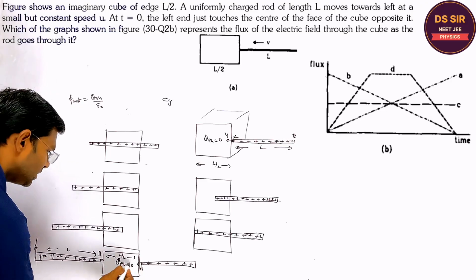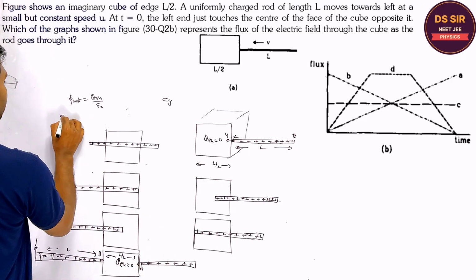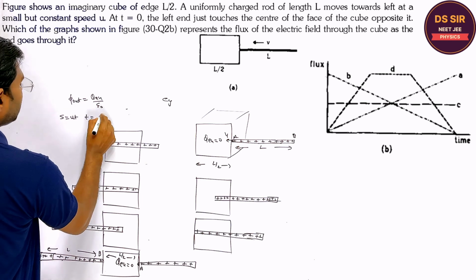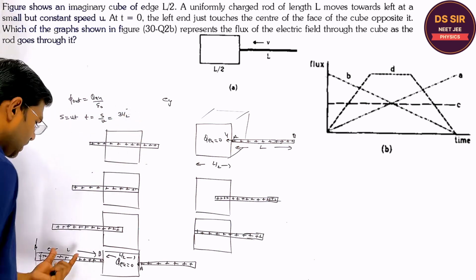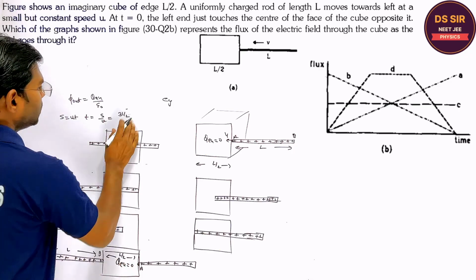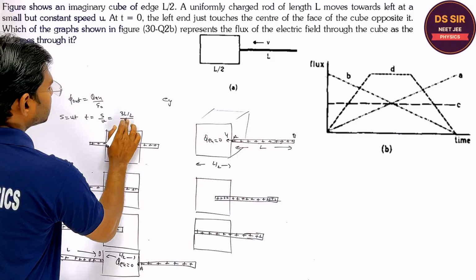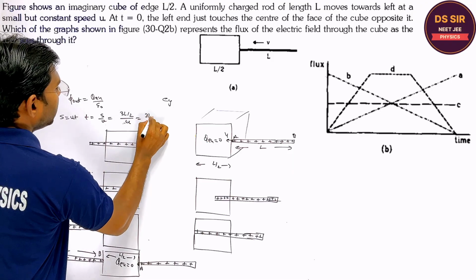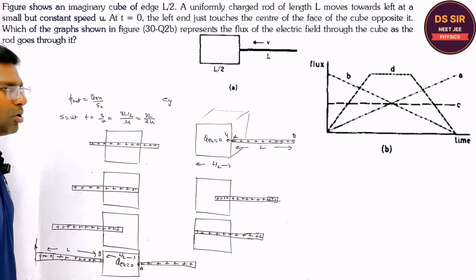So how much distance is covered? L plus L by 2. So S is equal to ut. The total time is distance upon speed, the distance is L plus L by 2, the total distance is 3L by 2, upon speed u. So 3L upon 2u. This is the time. Is it clear or not?